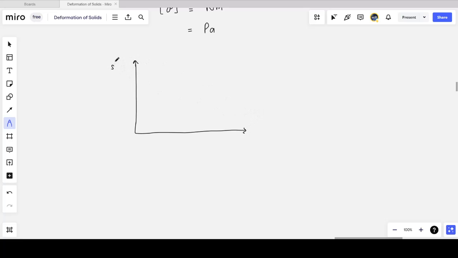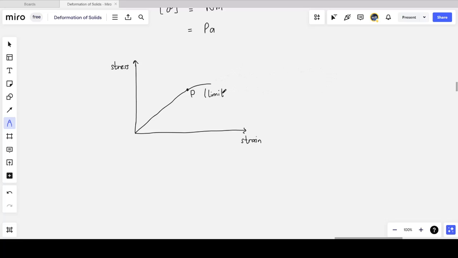So if I draw a graph of stress on the y-axis and strain on the x-axis, what I get is another straight line graph. So as stress increases, strain increases, and vice versa. I then reach a point, I'll call it P, and the graph begins to curve a bit.